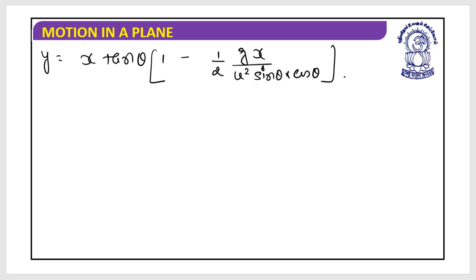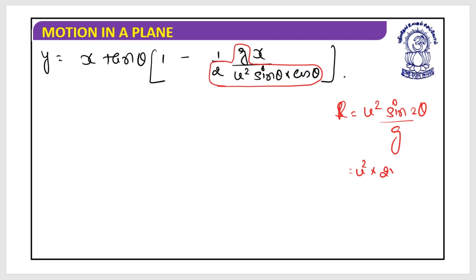Now look at this carefully. It is 2 into u square into sin theta into cos theta divided by g. What is your range? Range is u square sin 2 theta divided by g, which is u square multiplied by 2 multiplied by sin theta multiplied by cos theta divided by g.